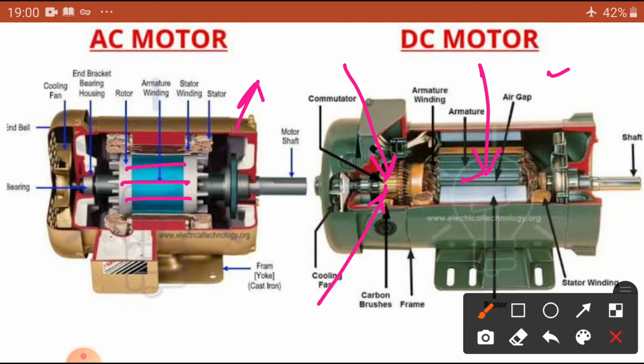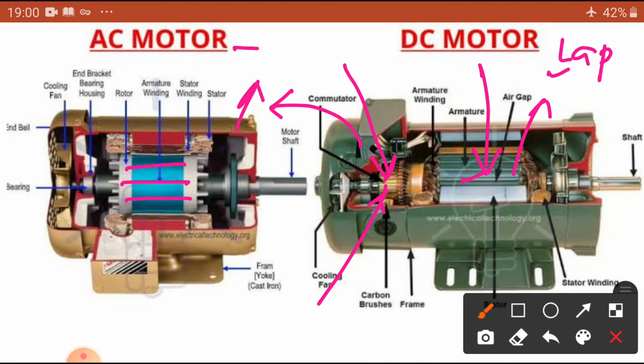So, how do we wind the armature winding in case of DC? We have already seen the lap winding and wave winding, single layer or multiplex layers. Now, in this case, we are going to concentrate on AC motors.